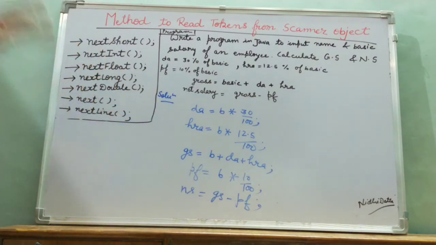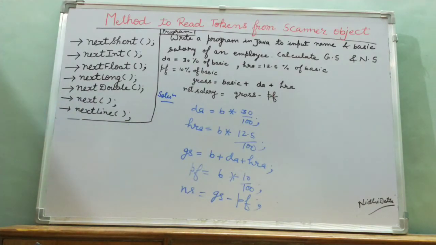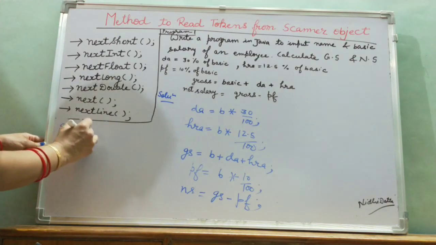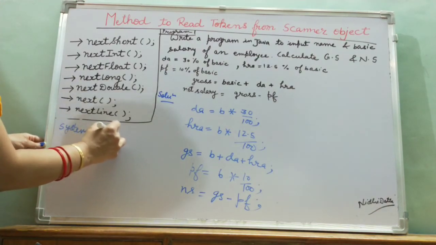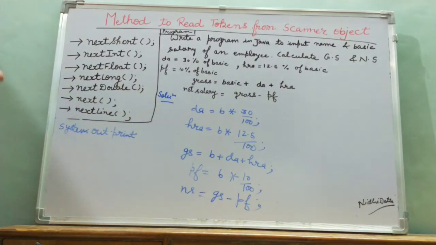Then we have calculated what? The employee name entered, the basic salary input by the user, then house rent allowance, then dearness allowance, and also calculated and solved the gross salary and the net salary of the user. How can we print it? With the help of an output statement. Same, System.out.print, and we are showing the number of statement output.